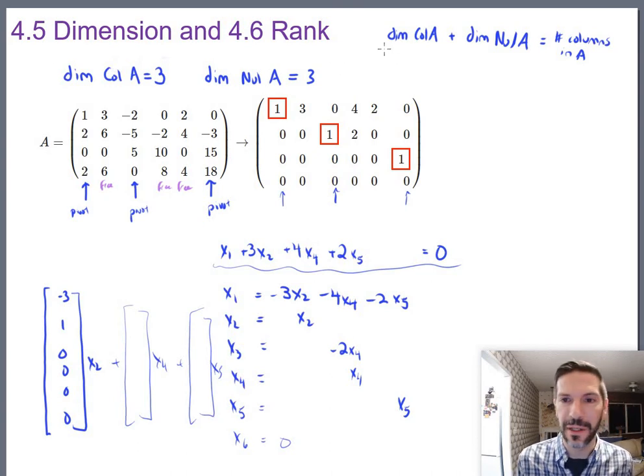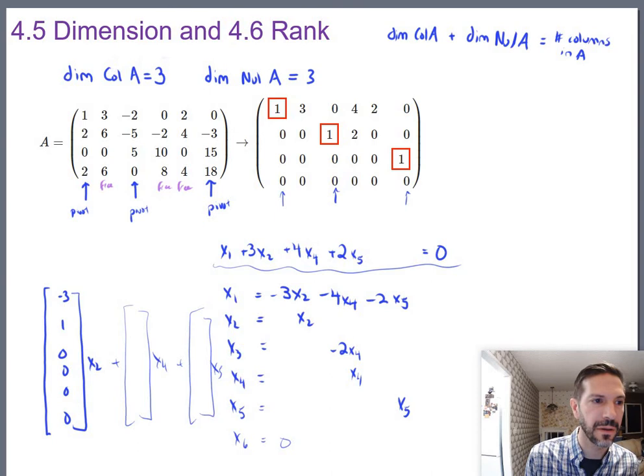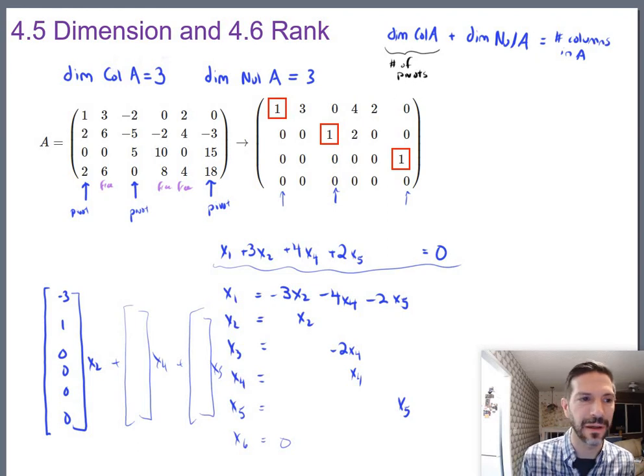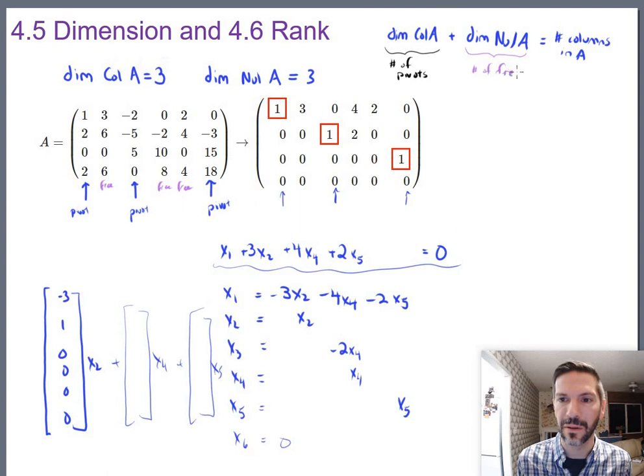And again, the dimension of the column space is the number of pivots, and the dimension of the null space is the number of free variables.